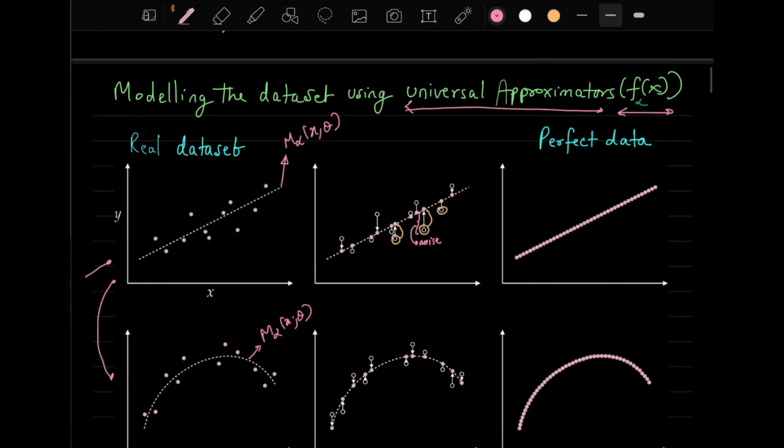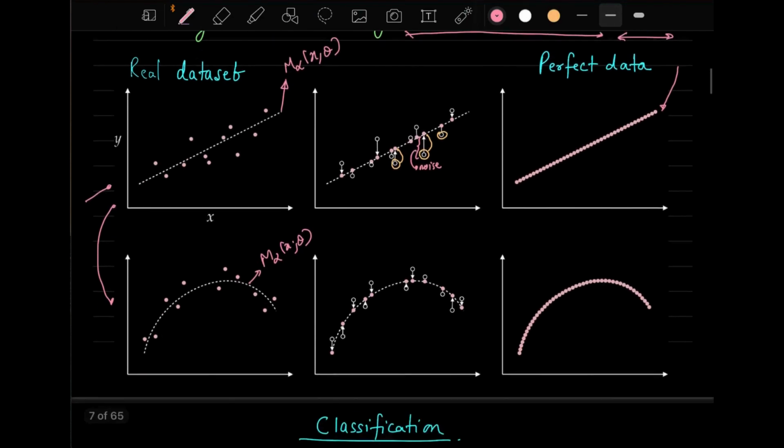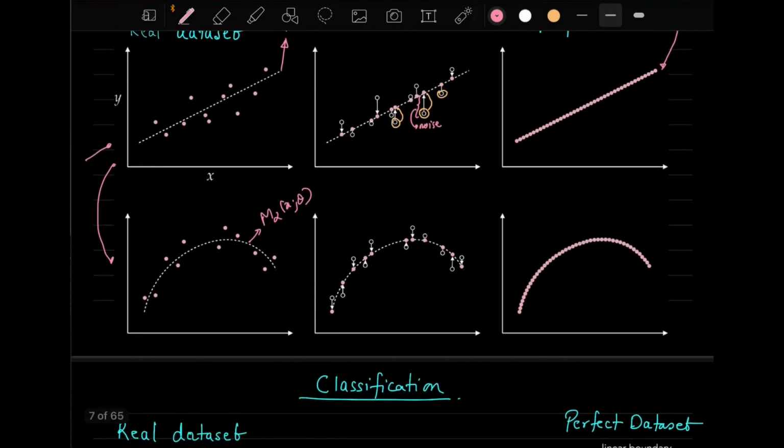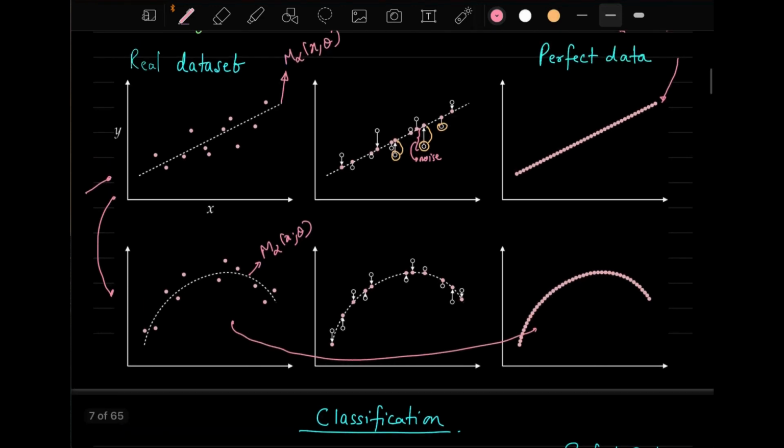Once you do that, you will get a perfect data set which is given over here. And now you can see even that perfect data set can be implemented using neural networks. A similar observation is here, and this shows you how you move from a real data set to a perfect data set. Though it's impossible, this is just showing you a way of doing it.